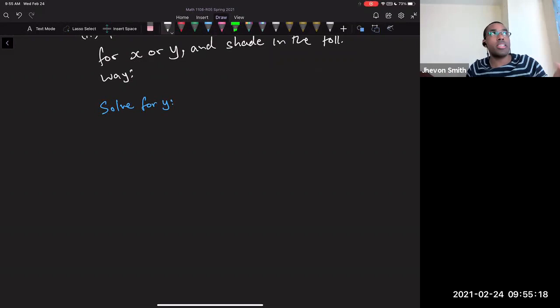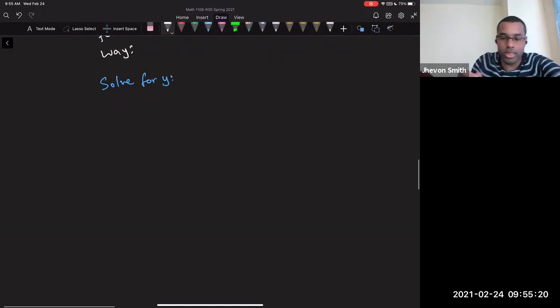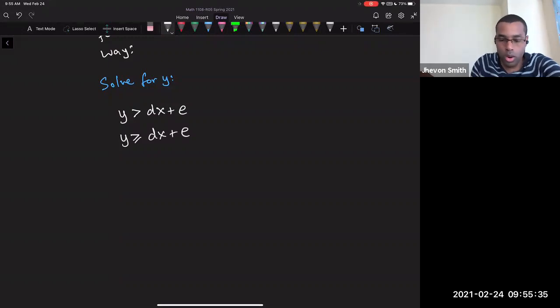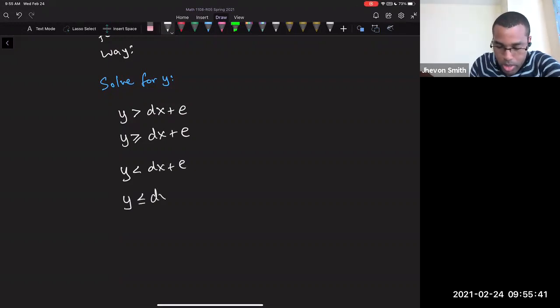Then you're going to get something that looks like one of four things. You're going to have Y is greater than some number times X plus a number. Or Y is greater than or equal to some number times X plus a number. Or you would get Y is less than some number times X plus some number, or Y is less than or equal to some number times X plus some number.